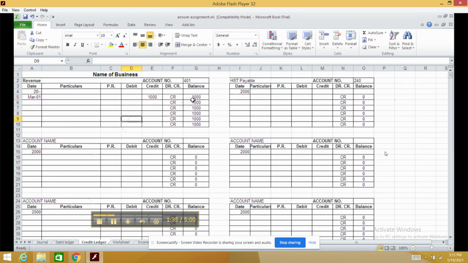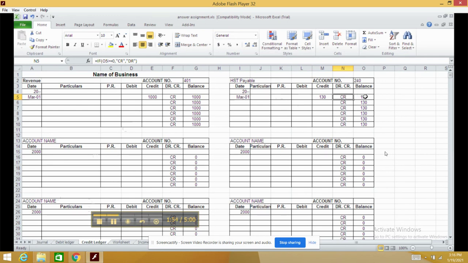And it's a credit balance of $1,000. HST payable, account number 240, right year, right date, and it is also a credit of $130. That was the HST for that sale.